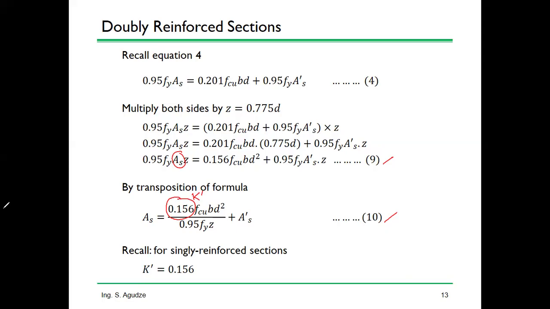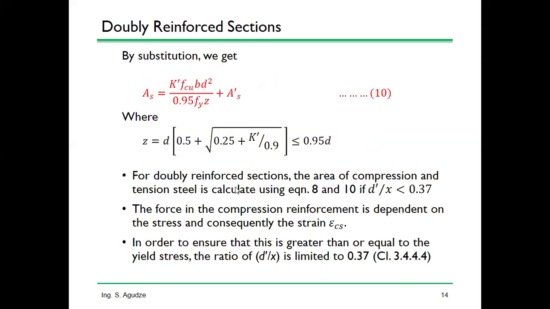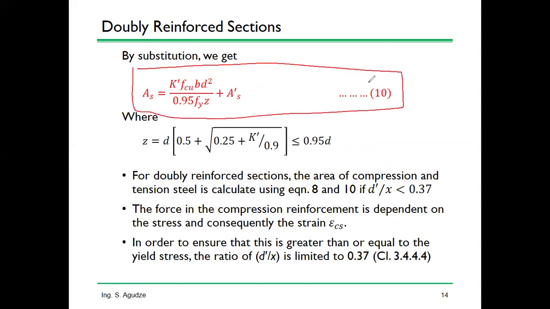So in substituting K prime into this equation, we have now got the formula for calculating the area of tension steel.